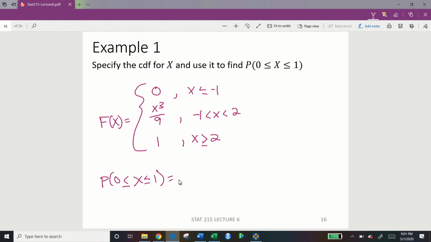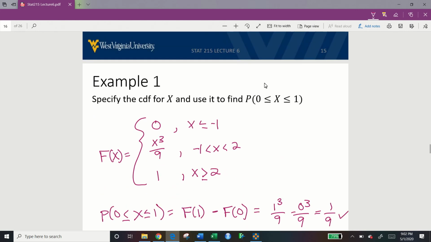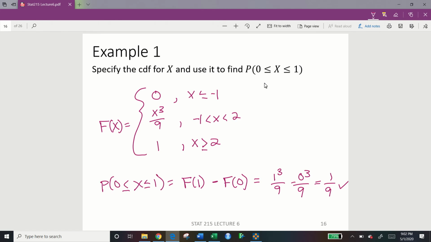So this is going to be f of 1 minus f of 0. Plugging in 1 cubed over 9 minus 0 cubed over 9, which equals 1/9. There we go. Same as above. Two ways to solve the same problem. That can come in handy.